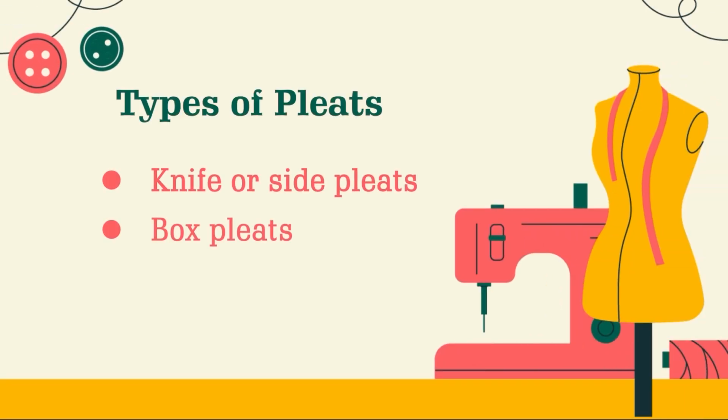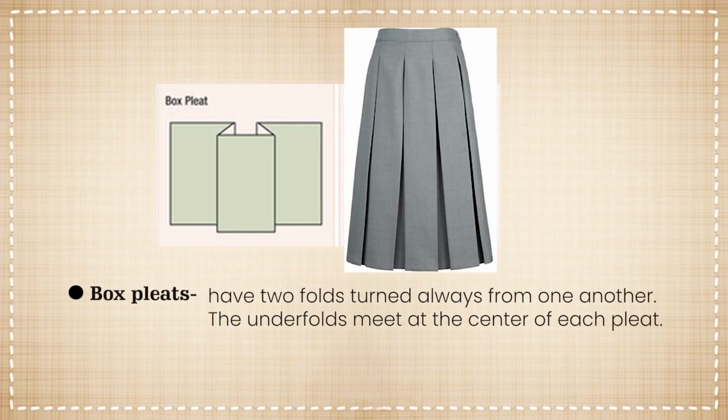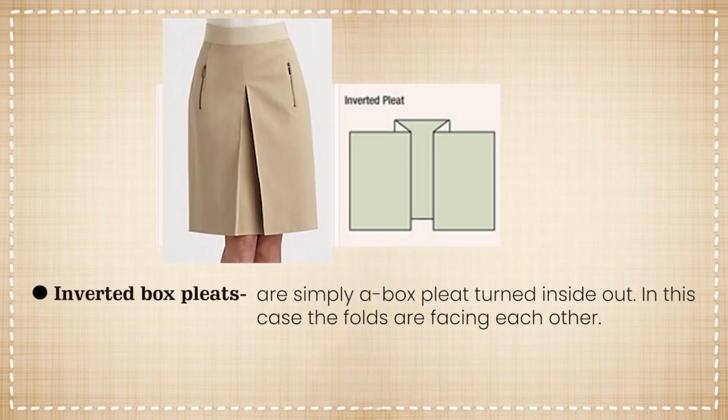Box pleats. Box pleats have 2 folds turned away from one another. The underfolds meet at the center of each pleat. The inverted box pleats are simply a box pleat turned inside out. In this case, the folds are facing each other.